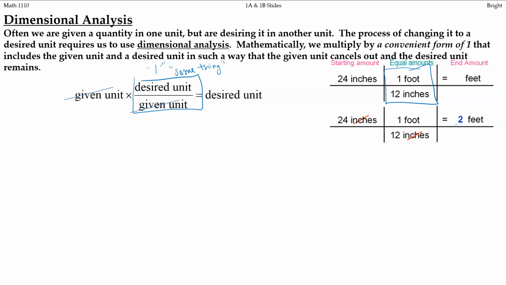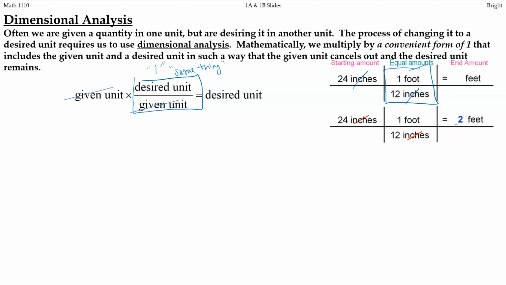And then what happens mathematically is that the units cancel. If you think about them as variables, that might help. If we want to cancel inches, and inches is currently present in the numerator, we need inches in the denominator, and then our equivalent unit goes in the numerator.